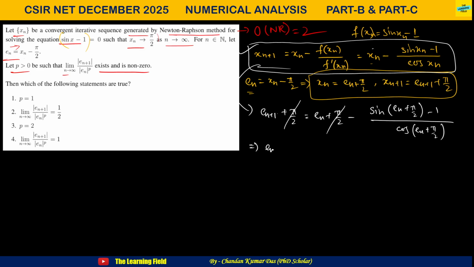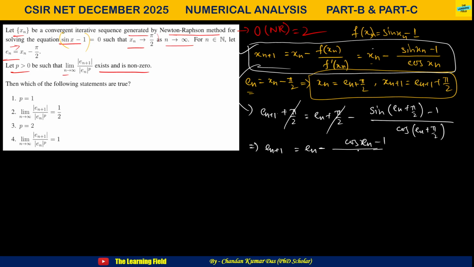So this implies e_(n+1) is equal to e_n minus... sin of this means sin a cos b, cos of pi by 2 is 0, minus cos a sin b. That means this is, I think, not I think, minus cos e_n, only cos e_n.